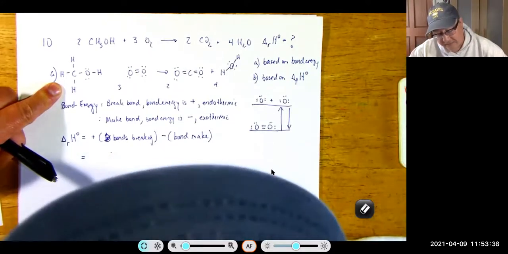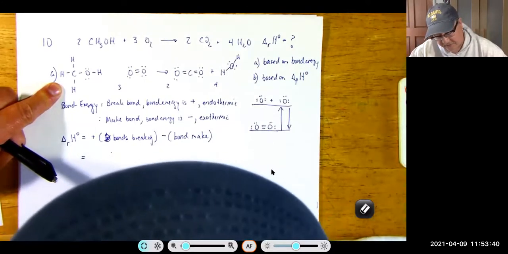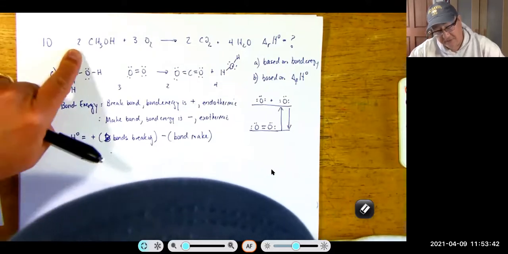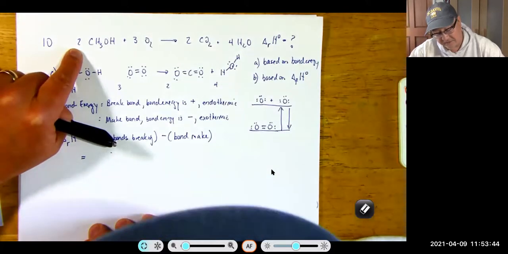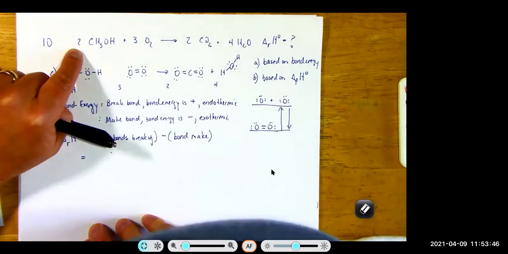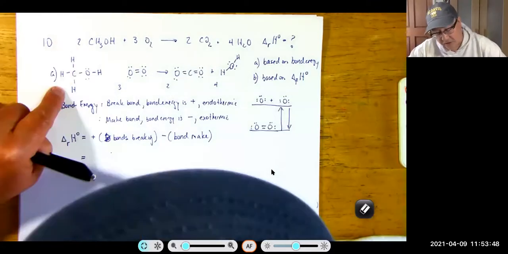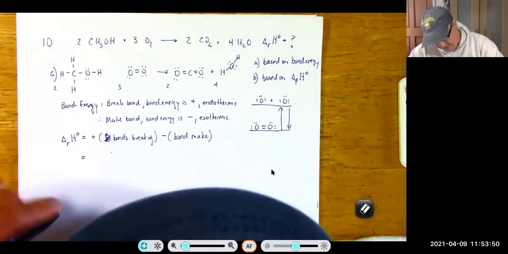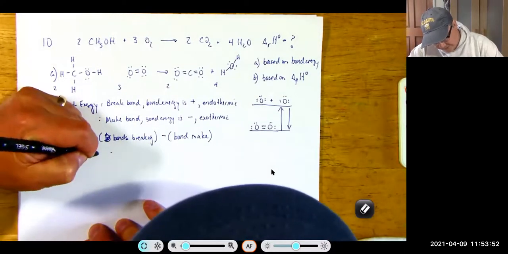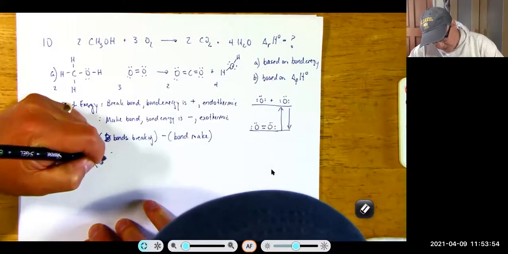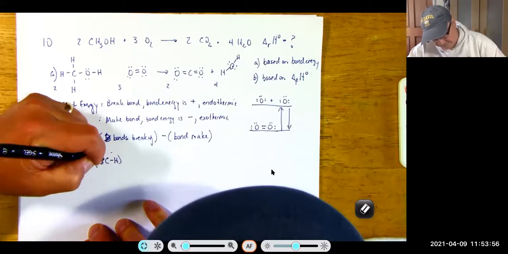But how many molecules are there? 2. So how many are we really breaking? We're breaking 3 for 1 molecule. 6. How many for 2? Right. So here we're going to say 6 carbon-hydrogen single bonds.